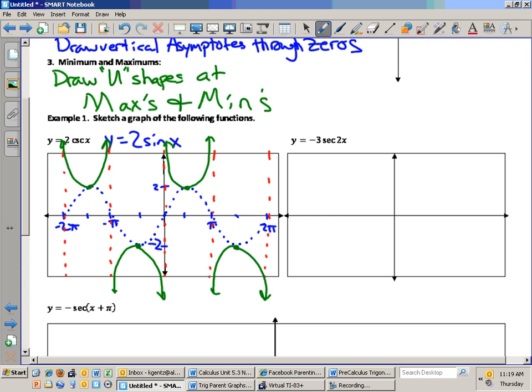A true parabola would eventually have a value defined for pi. Parabolas go up forever and over forever, so they reach all real numbers on the x-axis. These don't. There are other attributes that parabolas have as well, which you're going to learn when we study conic sections, that these don't have either.